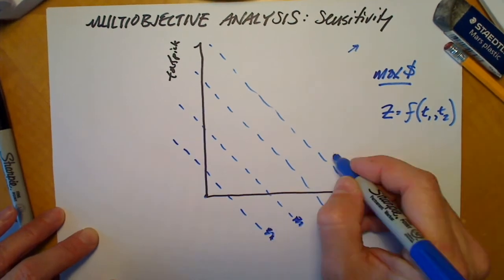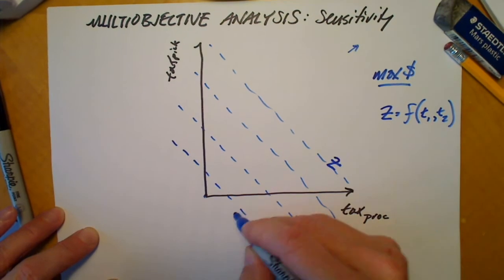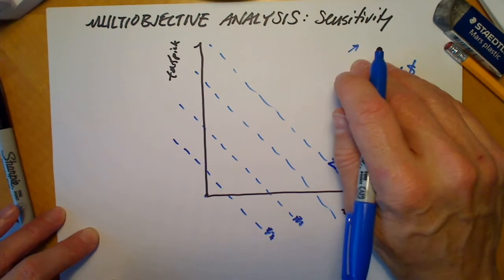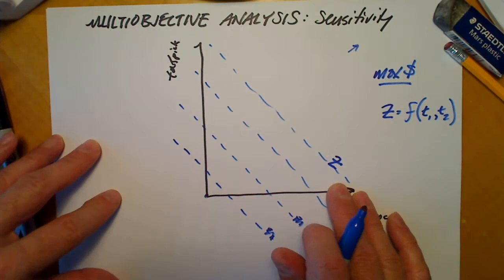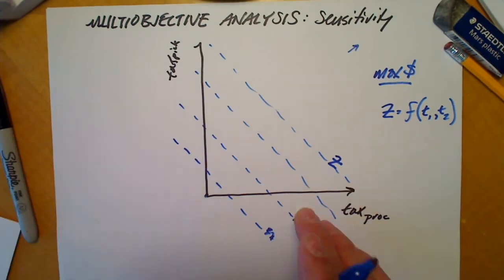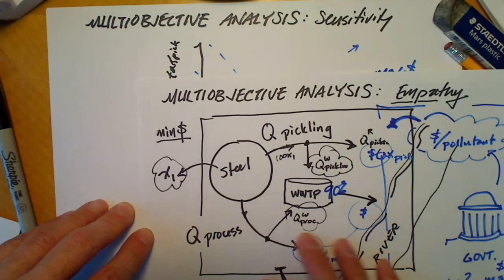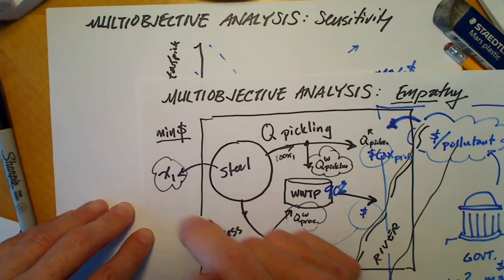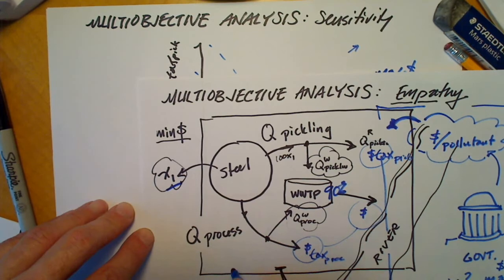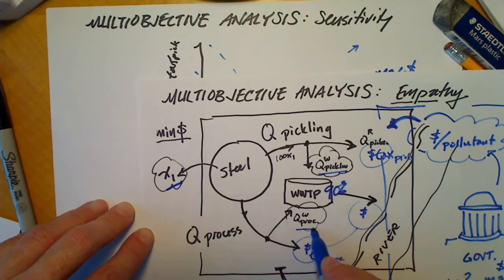These are the different isoquants of Z, and they increase as we go up and to the right because the government is collecting more money for more taxes. But what happens when the taxes get so high that the steel manufacturer can no longer be profitable at any rate of production, at any treatment levels?